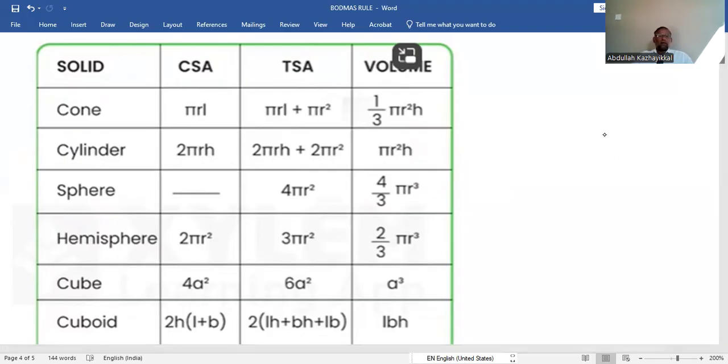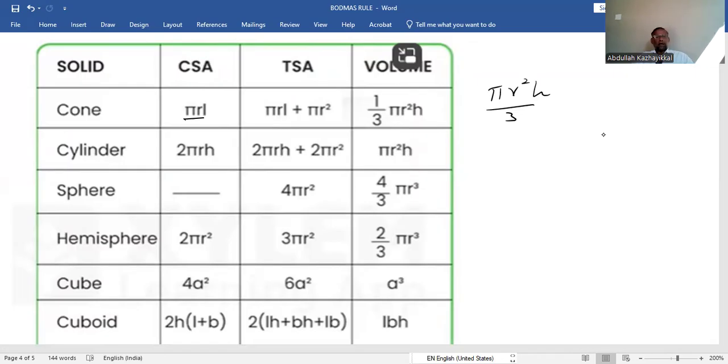Yes. Pi RL. Pi R square H by 3. 1 by 3 pi R square means pi R square H by 3. Now cylinder. CSA 2 pi RH. Here what I told, CSA, curved surface area or LSA, no problem.